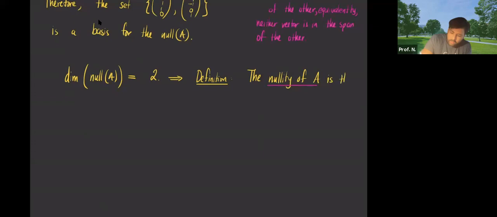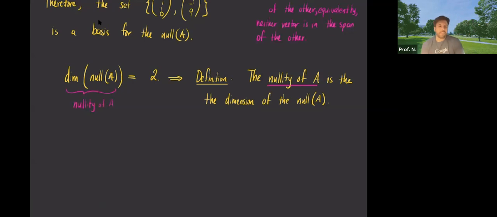The nullity of A is the dimension of the null space. So every single time you see the word nullity, we're speaking of the dimension, okay? So that's the next thing that follows.